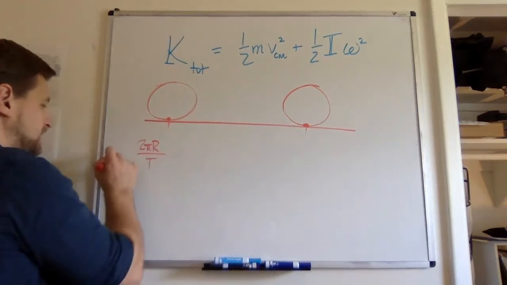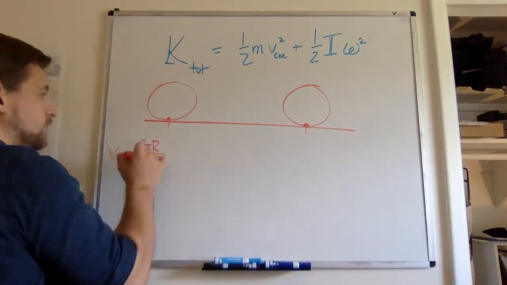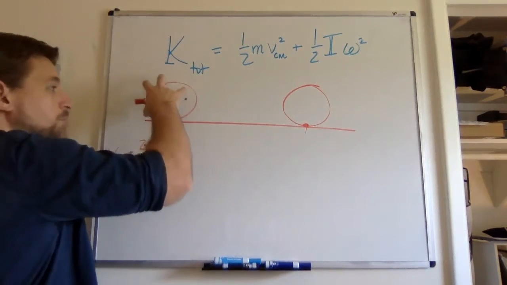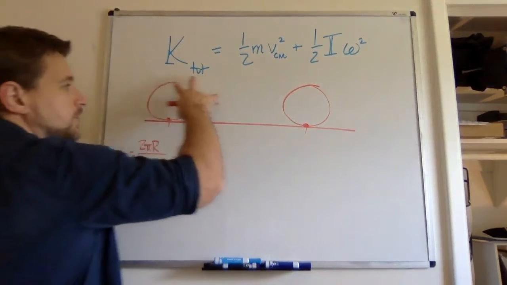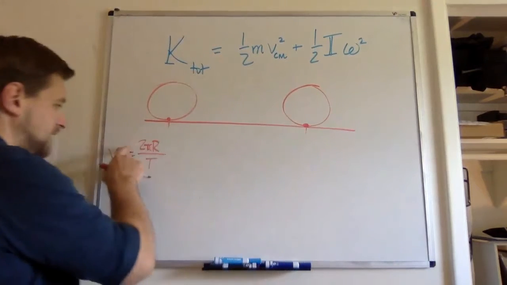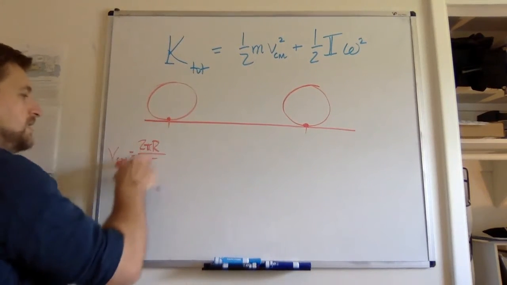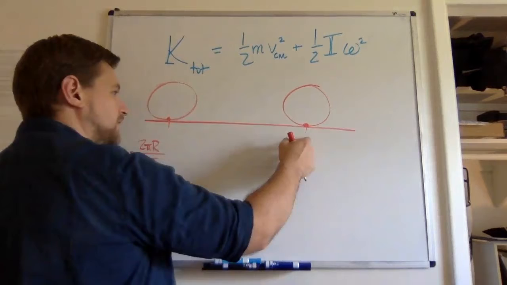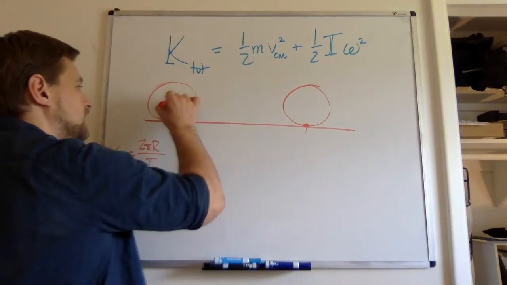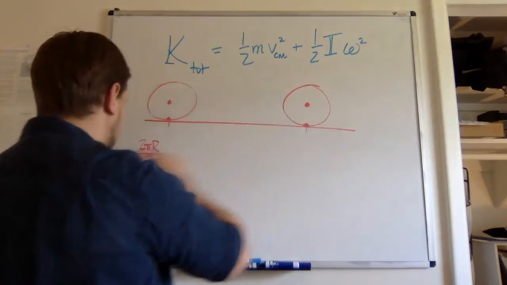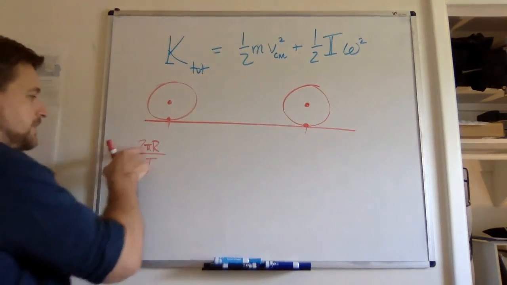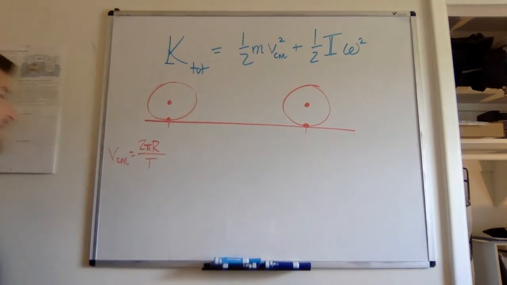If it takes some amount of time capital T, that's the speed with which the entire hoop, this circle, moves across the board. The center is a circumference away, and it's moving this fast, it must be.